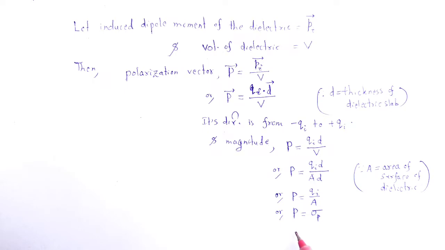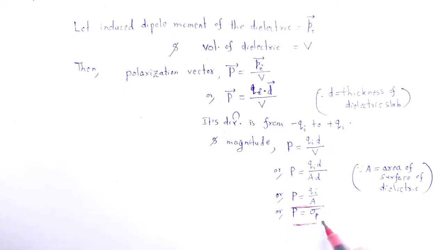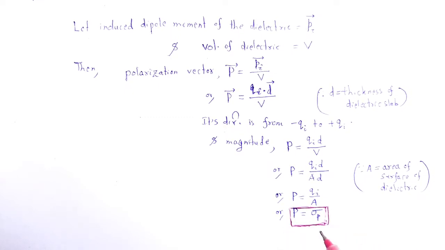So, the polarization vector is defined to be numerically equal to the surface density of bound charge.